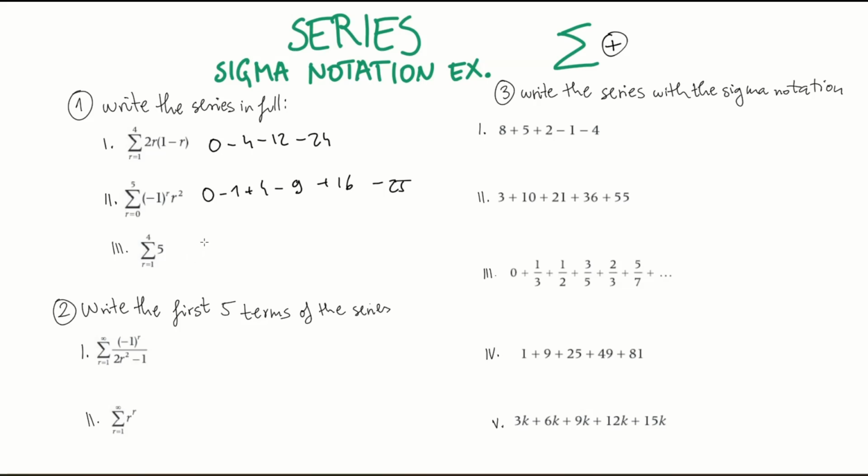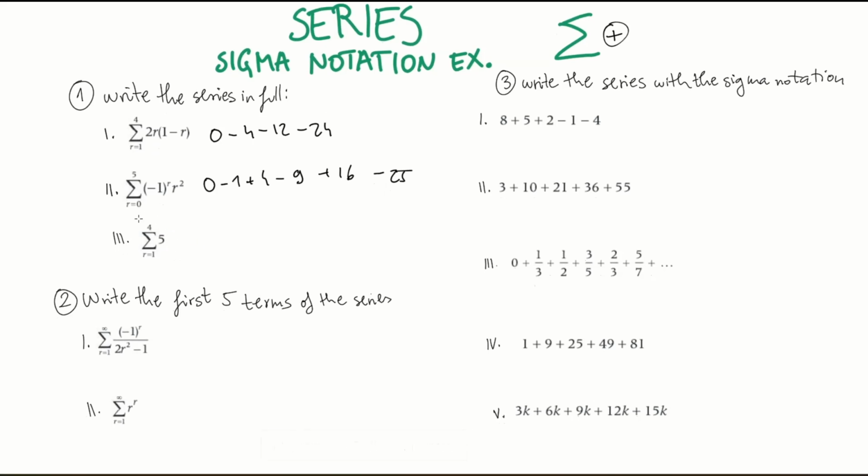We can rewrite this 5 as 5 times 1, because anything times 1 is the same number, and we can rewrite this 1 as r to the power of 0, because anything except 0 to the power of 0 is 1, and we see that we start with the term r is 1, thus it will make sense. So we basically do just that.